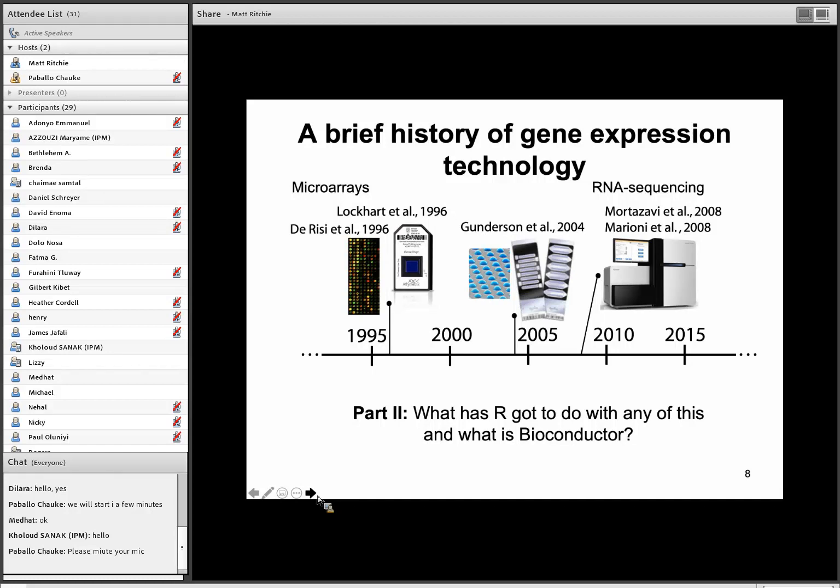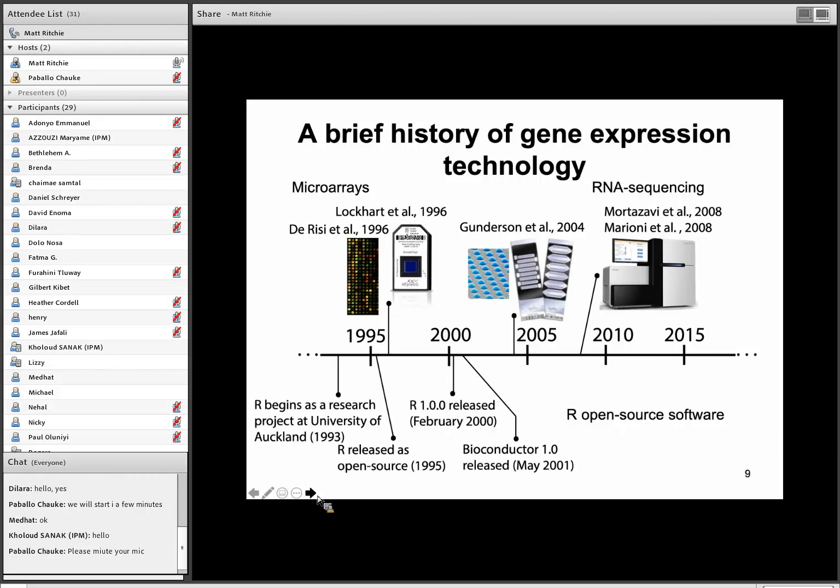So what has R got to do with any of this? Well, R, of course, is a statistical programming language developed along a very similar timeline to some of these platforms. So R itself began development in a research department at the University of Auckland in 1993, was released as open source in 1995, and then version 1 in February 2001.